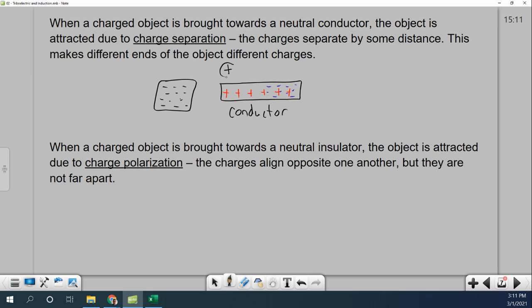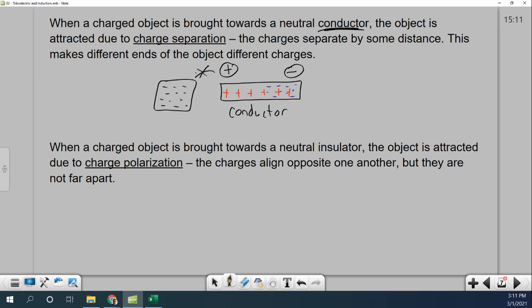You end up with a positive end and a negative end. And hey, look at that. Positives and negatives attract. You have the attraction of the conductor to the charged object. So that's how conductors attract. That's important. The conductor is attracted by charge separation.